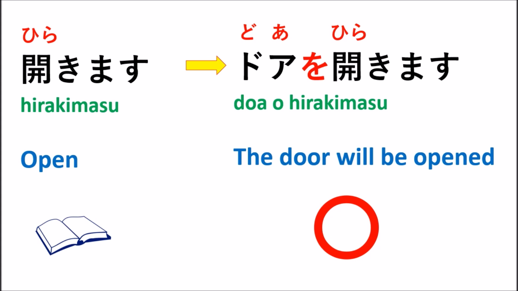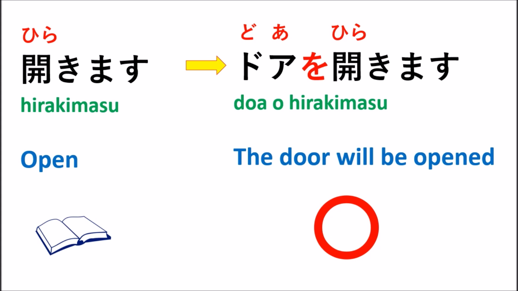And what is the difference between door o hirakimasu and door ga hirakimasu? Door o hirakimasu means somebody opens the door. But if the door opens automatically, that means they use ga.